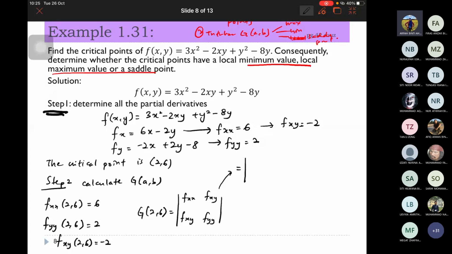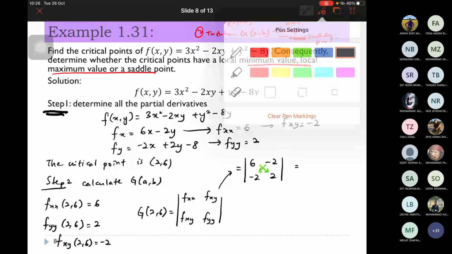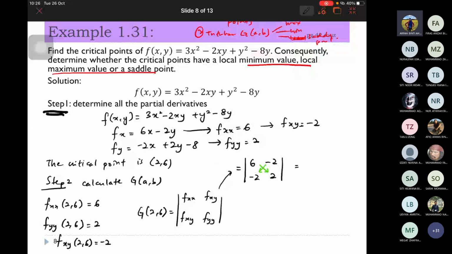Cross multiplication. Okay. Taking the cross multiplication, you will get this one sama dengan 12 tolak 4. Sama dengan 8. Okay. 8. So, G 8.